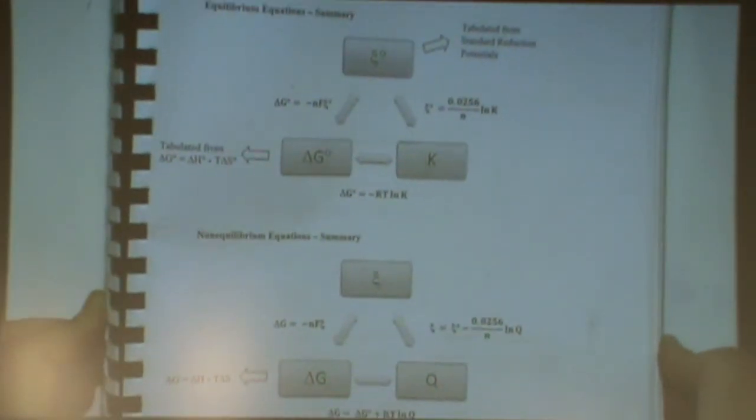Let me make sure you got these equations down. See if I can get them all on the screen. Okay, so for the top set of equations, that's talking about the standard state. So when you're talking about standard state, that's all the information you have. And you know from the question you're dealing with standard state.